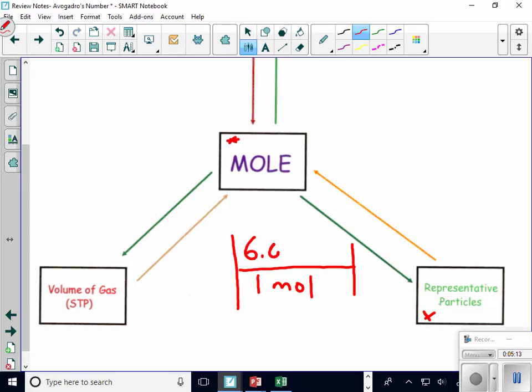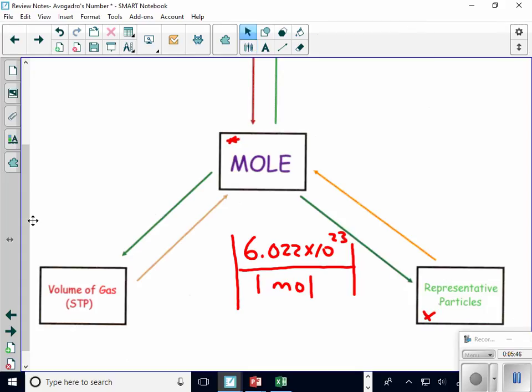So that's the 6.022 times 10 to the 23rd. Now, depending on what you're dealing with is depending on what label I use. Once again, what are my 3 different labels I could have? Atoms, molecules, formula units. Okay? So it will be one of those 3 different types.